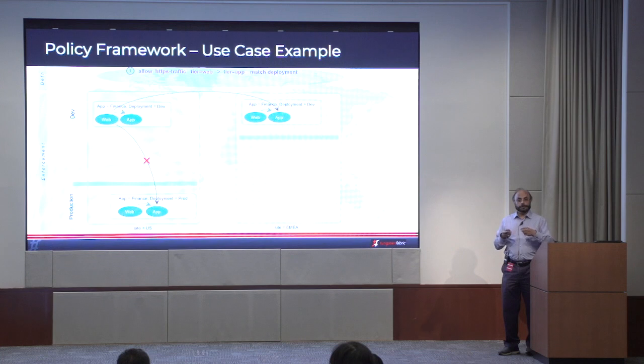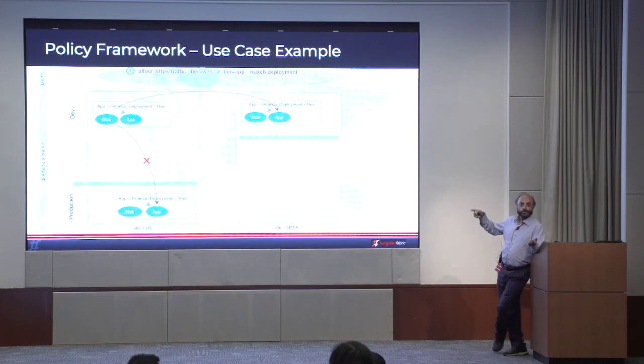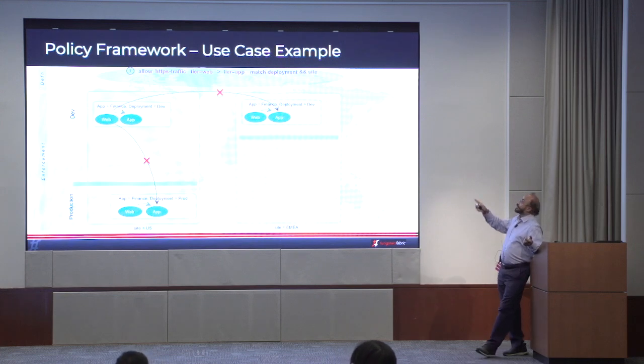The developers seamlessly should be able to talk to the app tier regardless of where they are. Or you may want to say, no, this goes across some restricted zones, I don't want to allow that. So you simply say match site. If you match a deployment and match a site, then you're allowing the same traffic to go.